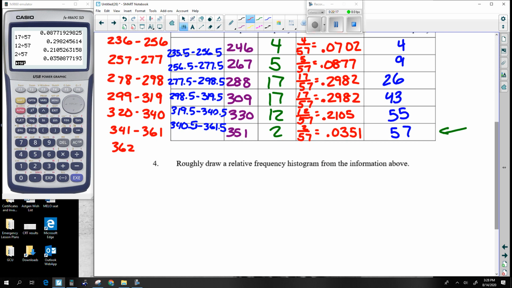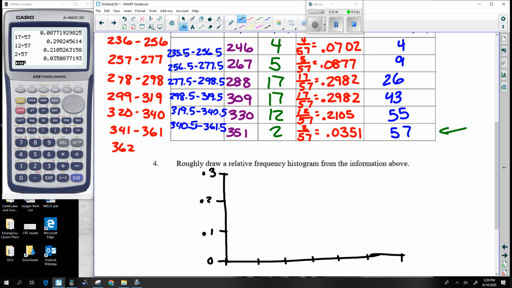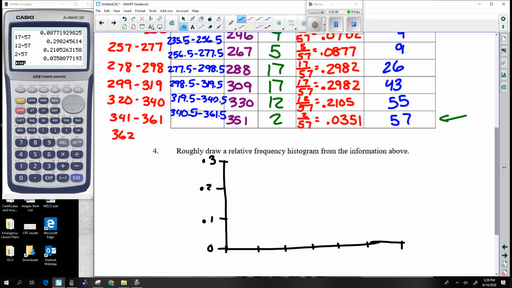Draw a relative frequency histogram. All right, so there are 6 categories. 0, 1, 2, 3, 4, 5, 6, going up to approximately 0.29. So this is going to go up to, in essence, 0.3. There we are. Actually, I need to put the class boundaries on here, sorry.